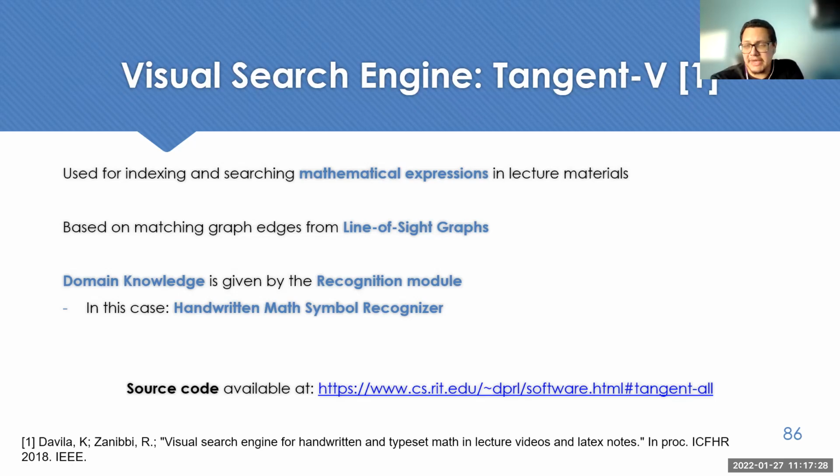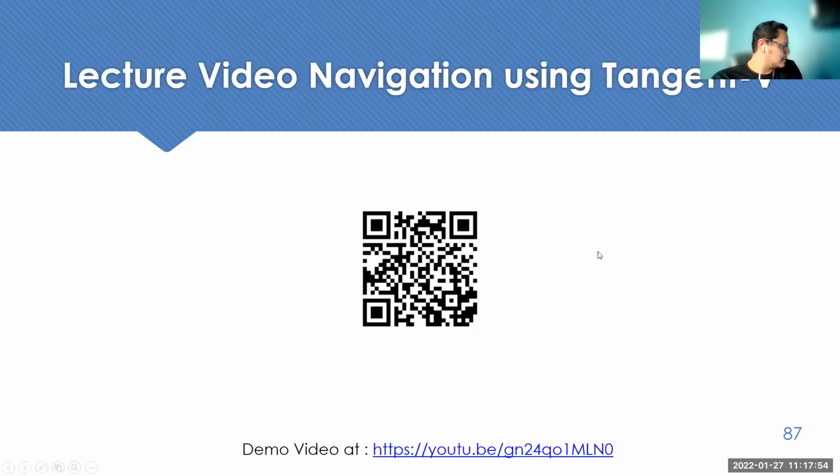The way it works is based on line of sight graphs, so it doesn't recognize the math content, and that's the neat thing. It's visual search, so it's just trying to match the layout of symbols. The only thing it needs to identify are the individual symbols that appear on the image and the spatial relationships between them, and it can use those to match stuff. Again, the code is publicly available if you want to try it.